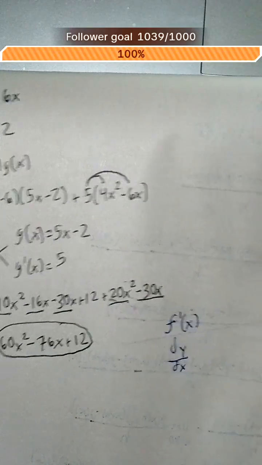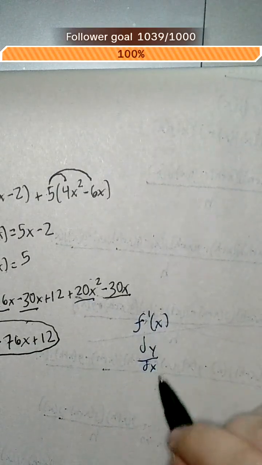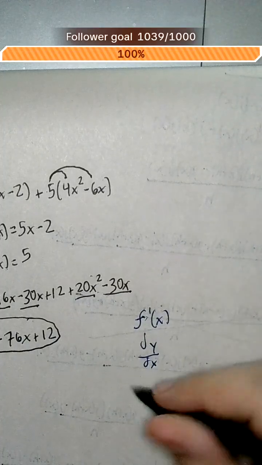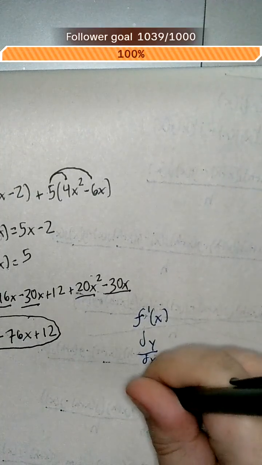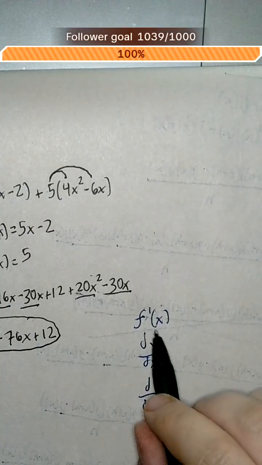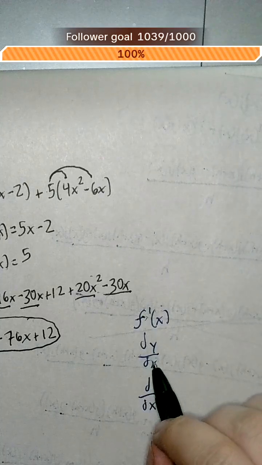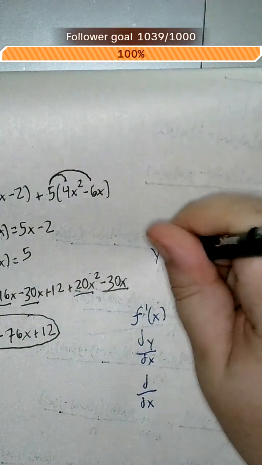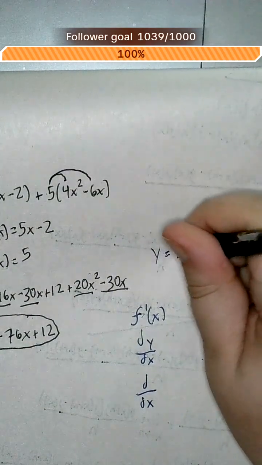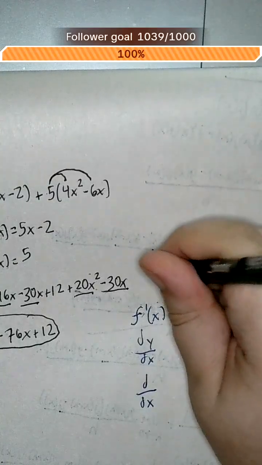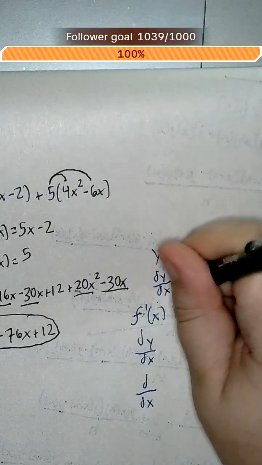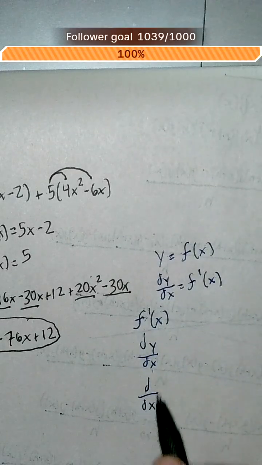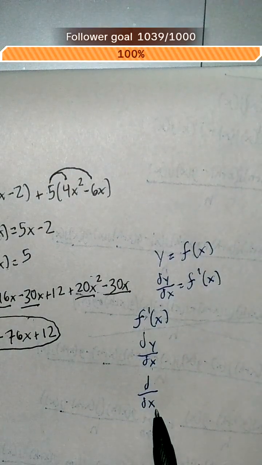The way I've heard it explained, these two are nouns, whereas d/dx is a verb. So f prime and dy/dx say take the derivative of y with respect to x. If I had y equals something, then dy/dx is equal to f prime of x. d/dx tells us to take the derivative with respect to x.